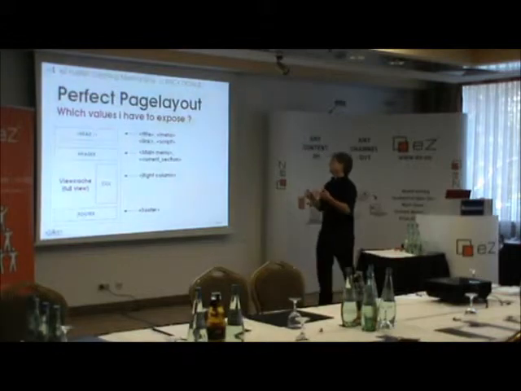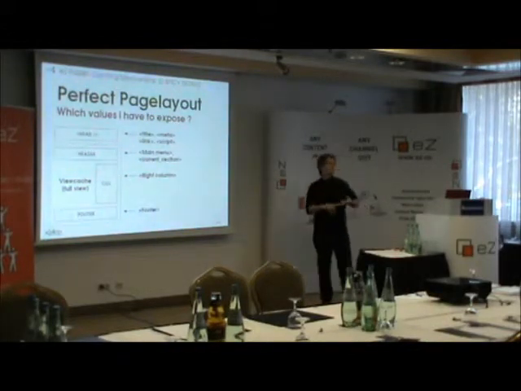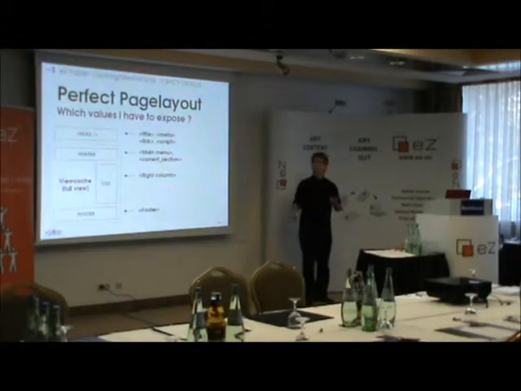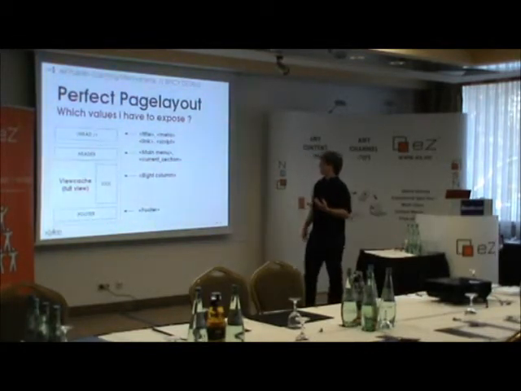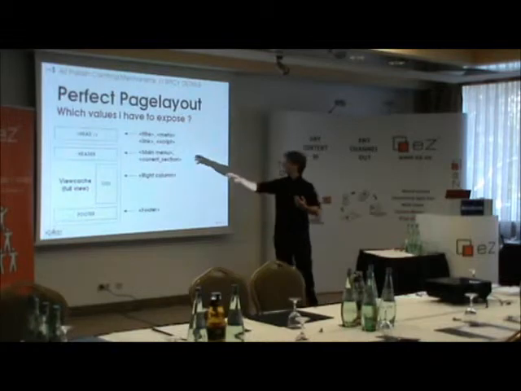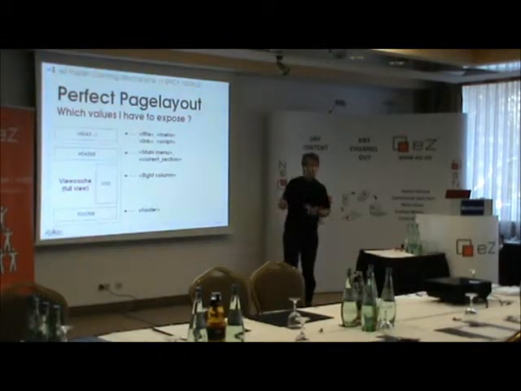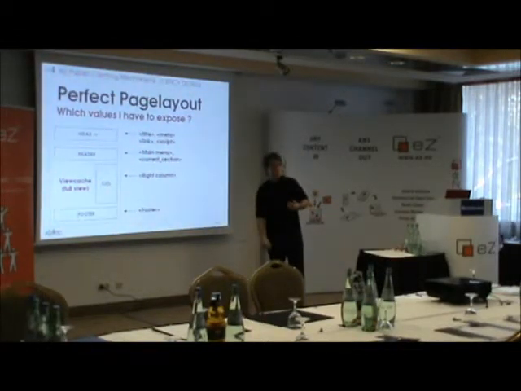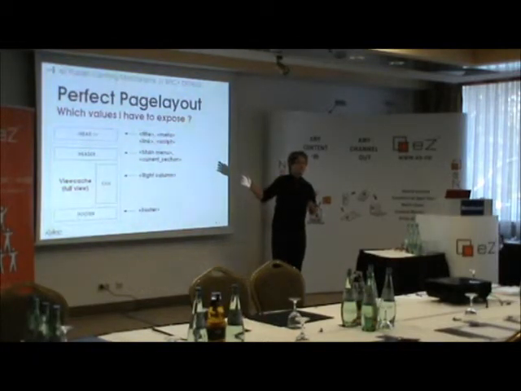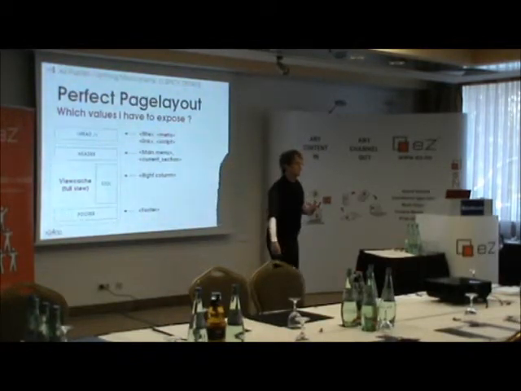Okay, a title, metadata, the links for the CSS or RSS or whatever, everything. Here my famous main menu and the current selected section. Maybe a right column, most of the time a right column, a footer. Do you have other examples of values you need inside your page layout?